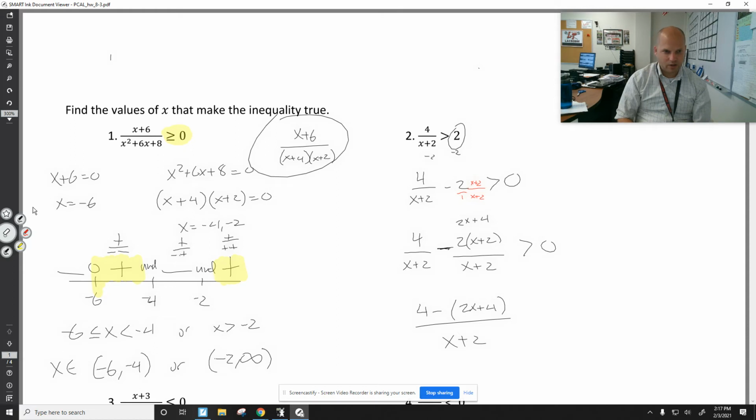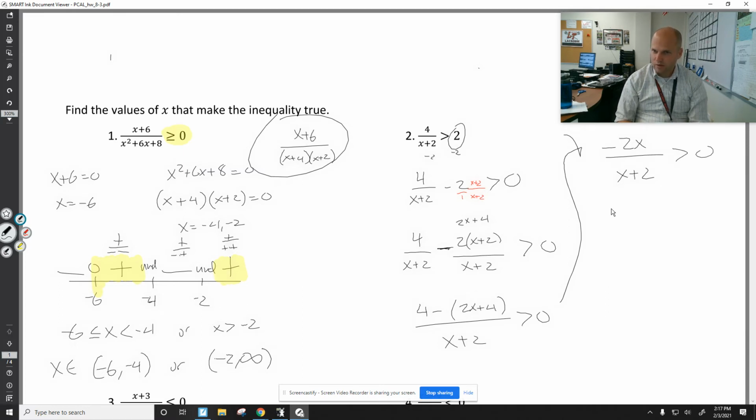And that's got to be greater than 0. Okay, now after simplifying one extra step, I have -2x over x plus 2, where I can see when my numerator is equal to 0 and when my denominator is equal to 0. And that's going to be at 0 and at -2.